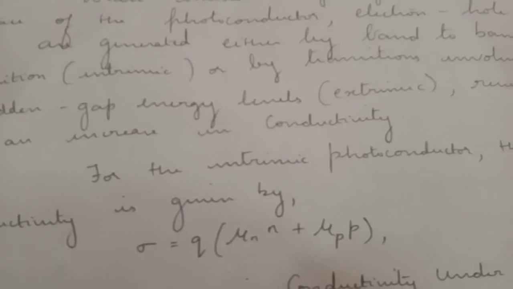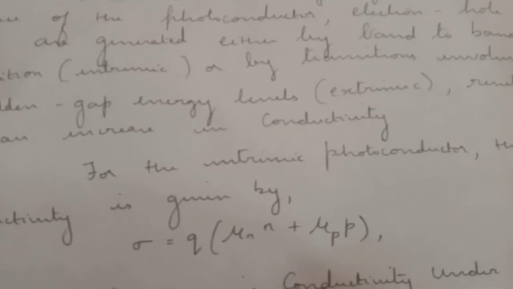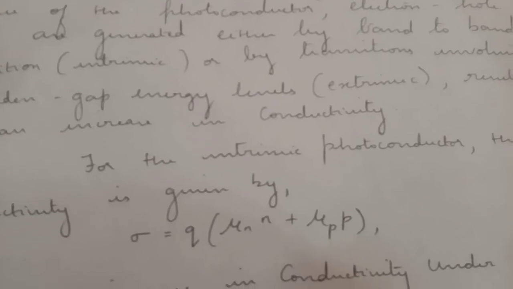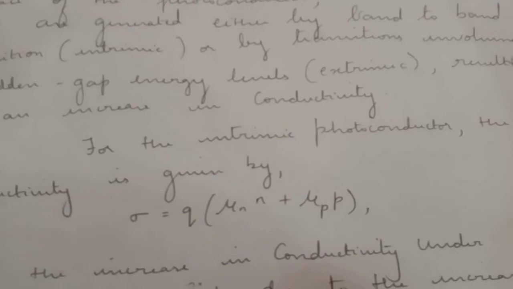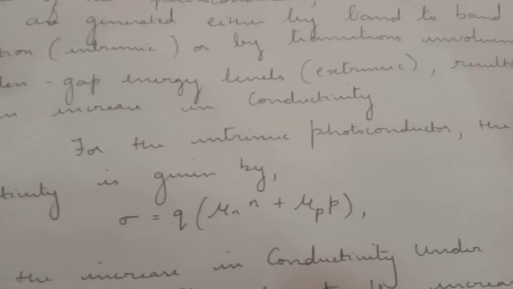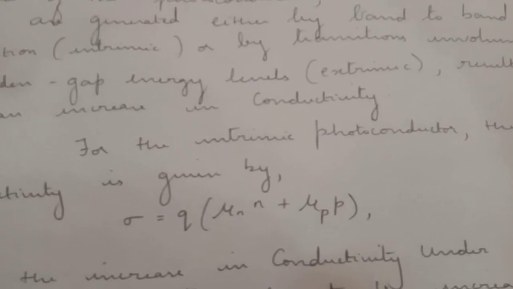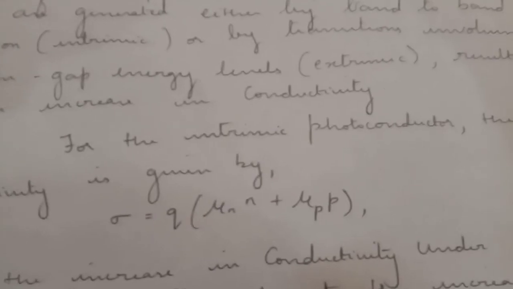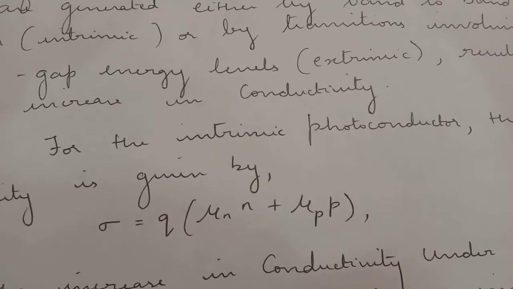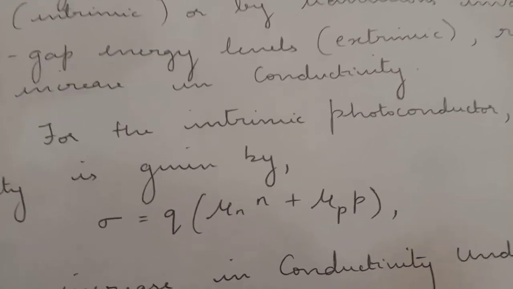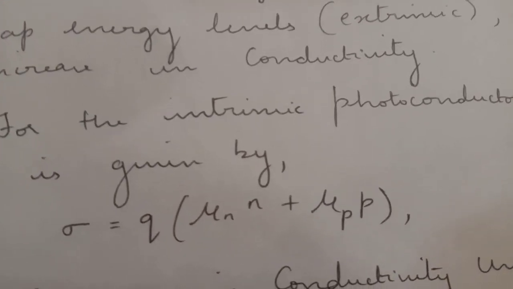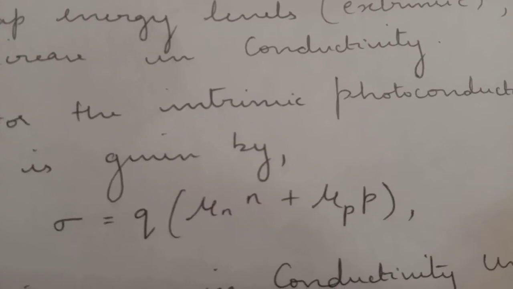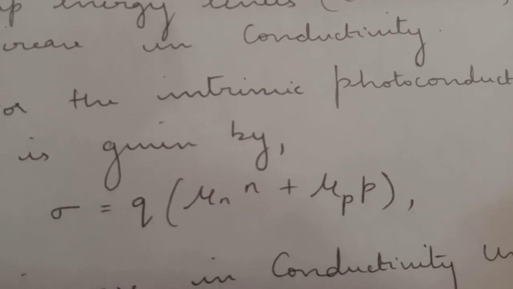For an intrinsic photoconductor, the conductivity is given by sigma equals q times (mu n n plus mu p p). Here sigma is the conductivity, q is the magnitude of charge of an electron, mu n is the mobility of electrons, and n is the concentration of electrons. Mu p is the mobility of holes and p is the concentration of holes.